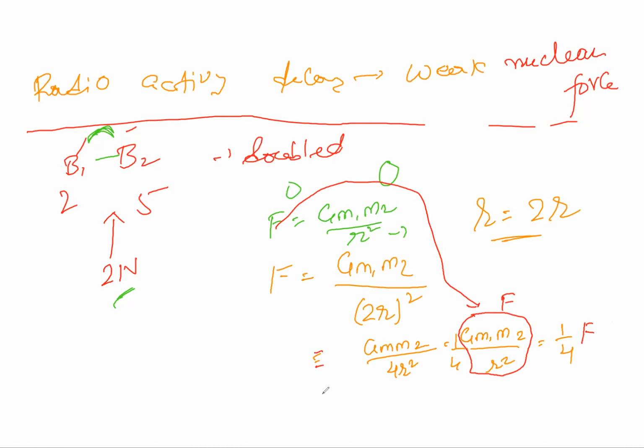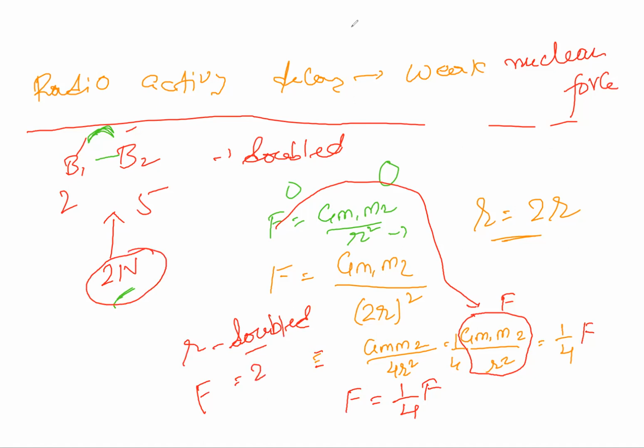So finally, the initial force to the final force: if the distance is doubled, then the force will be 1 by 4th of the previous force. The force given initially is 2 newtons. I just gave a small quantity for convenience.